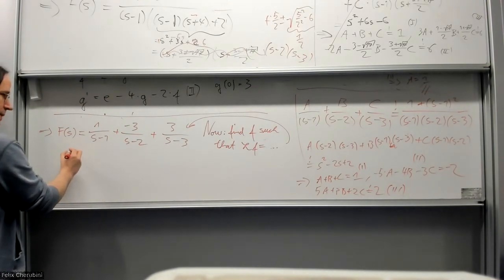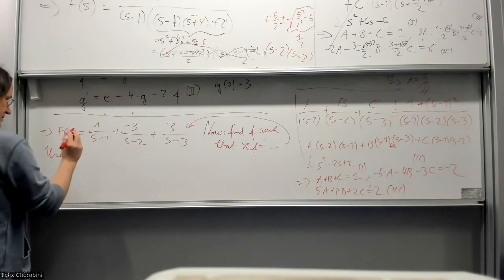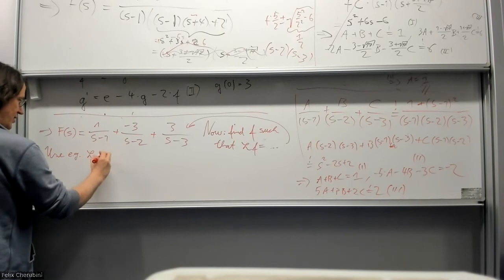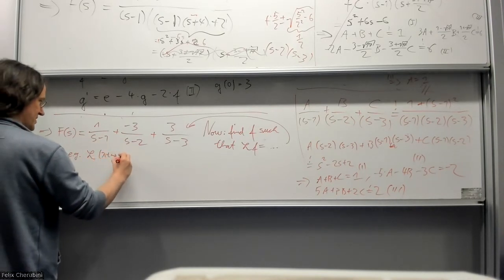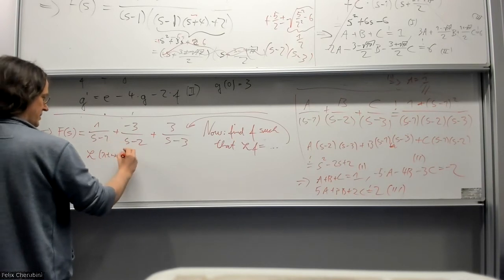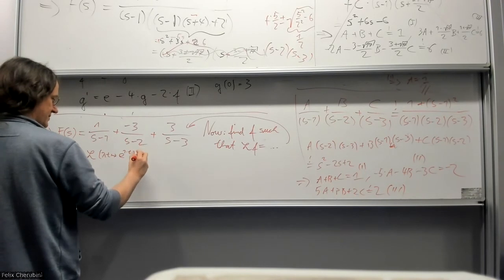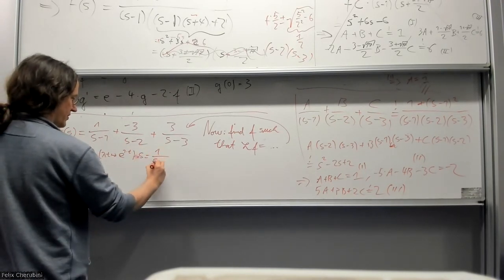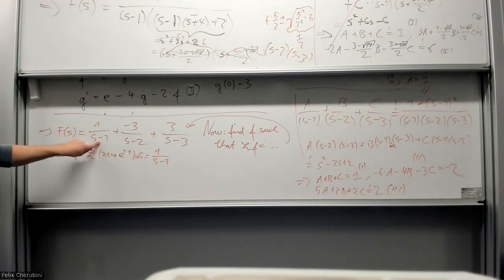So what we can use is, for example, L of the function that maps t to e to 1 times t, applied at s, is 1 over s minus 1. So we know how to get this first part.